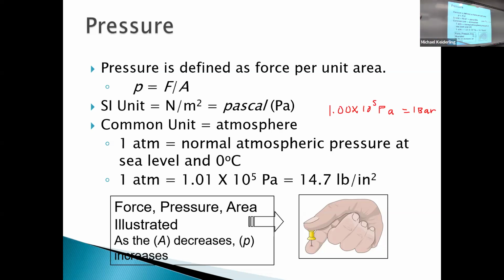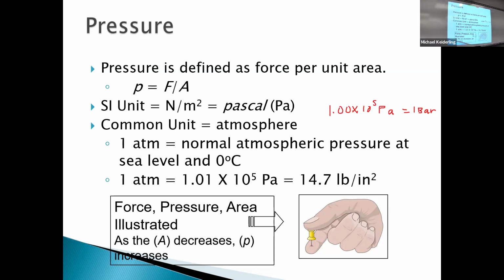So atmospheric pressure is 1.013 times 10 to the 5th pascals, so it's like 1.013 bars. So bars are a really useful unit.